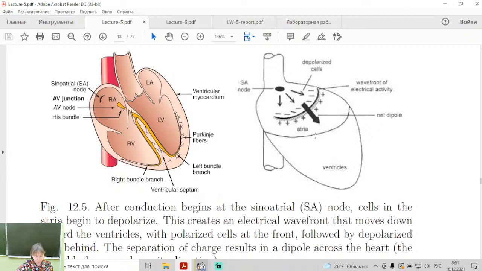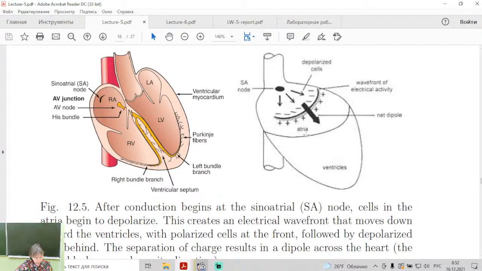The opposite poles of the battery would cause current flow in the surrounding fluid, creating an electric field that could be detected by an electrode placed in the solution. A similar electrical field around the heart can be detected using electrodes attached to the skin.